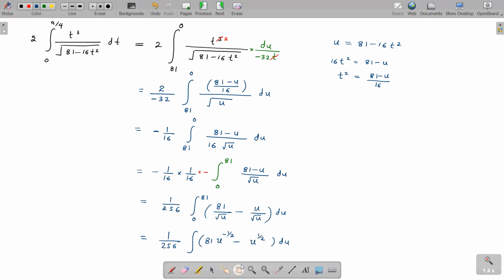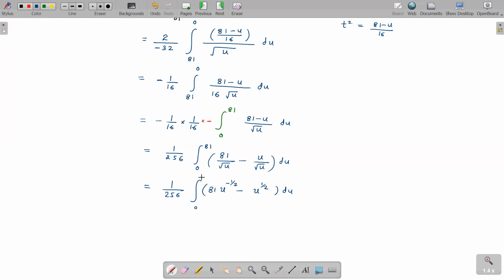So I think now we are ready to integrate, right? So let's integrate 1 over 256. 81 u to the power minus half plus 1 is plus half, divide by half. Minus u to the power half plus 1 is 3 over 2, divide by 3 over 2.